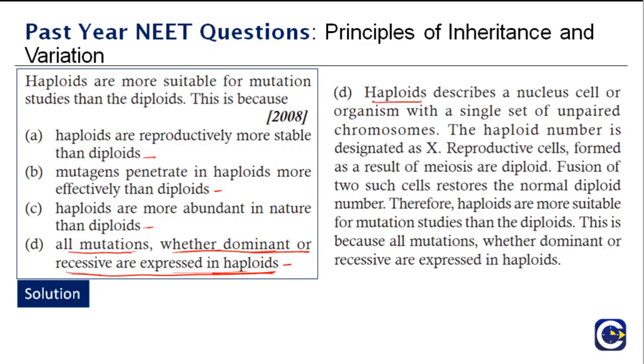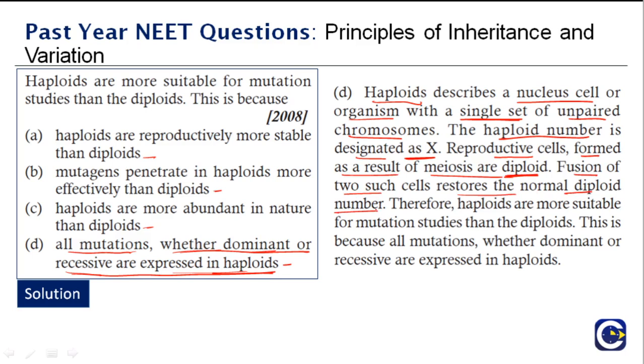Haploid describes a nucleus, cell or organism with a single set of unpaired chromosomes. The haploid number is designated as n. Reproductive cells formed as a result of meiosis are haploid. Fusion of two such cells restores the normal diploid number.